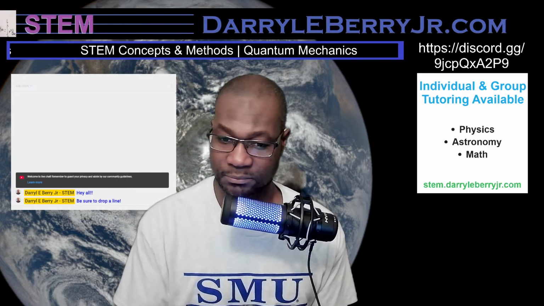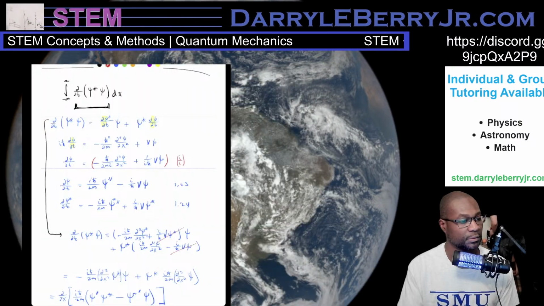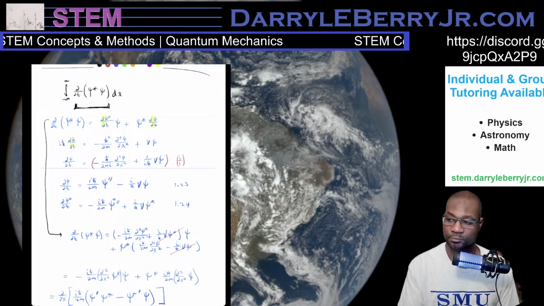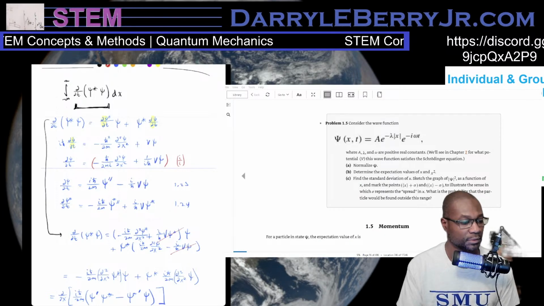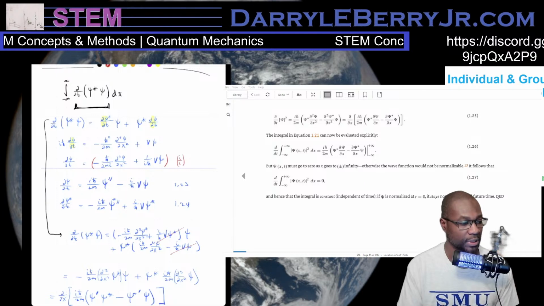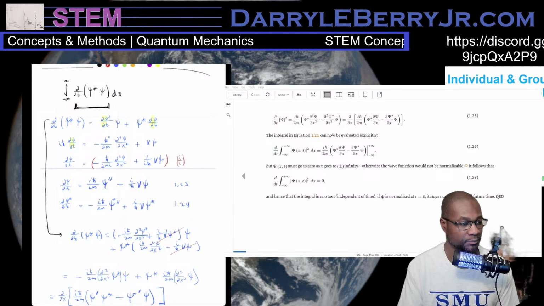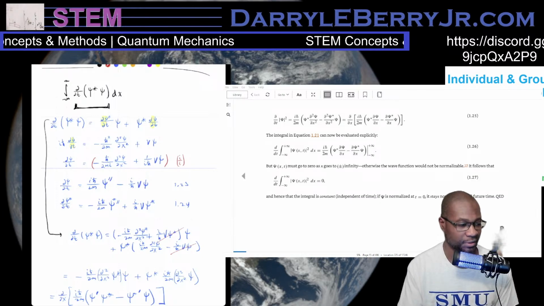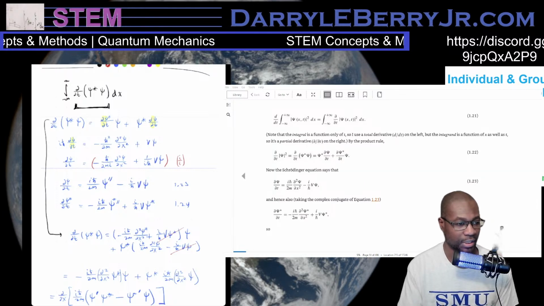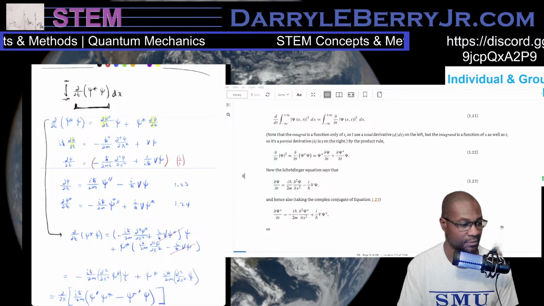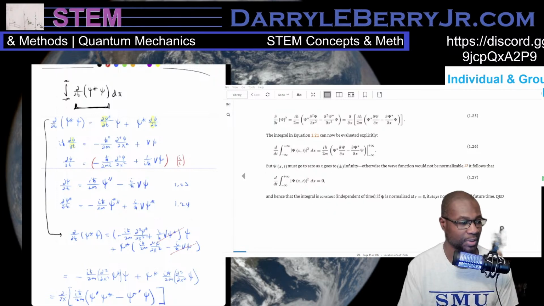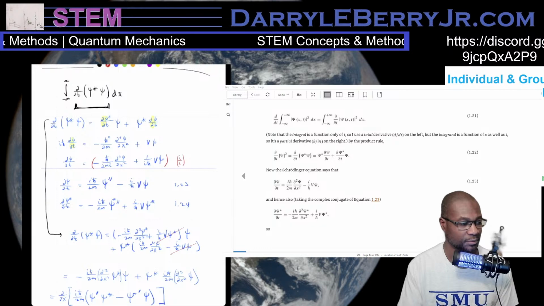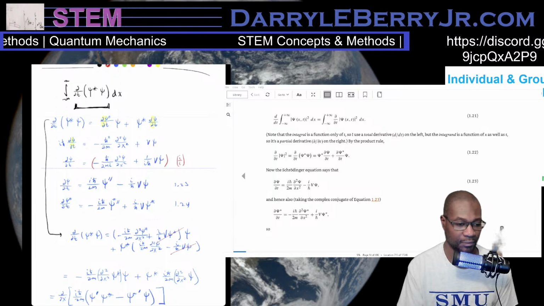Last time we did this on my other channel, which was basically the derivation for how the normalization doesn't change with time, because the derivative with respect to time of the integral of the density over all of space equals 0.